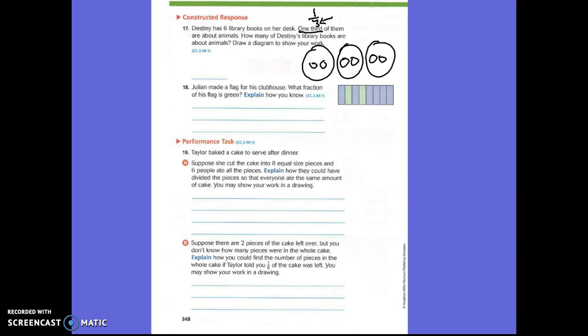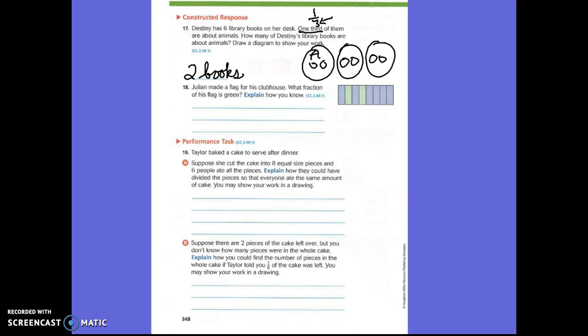Okay, so 1/3 of them means one group out of the 3 groups are going to be about animals. How many of her books were about animals then, guys? Okay, write that down.